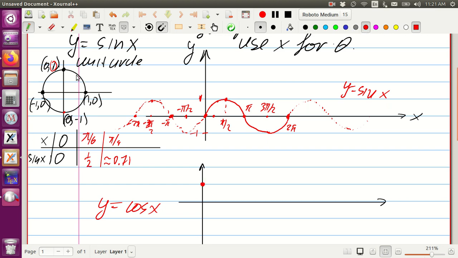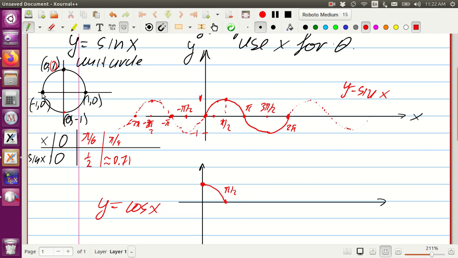But then as you can see, if we move up, our x value gets smaller and smaller and goes to 0. So we have something like this, maybe not really accurately plotted. By pi over 2, we're going to reach 0.